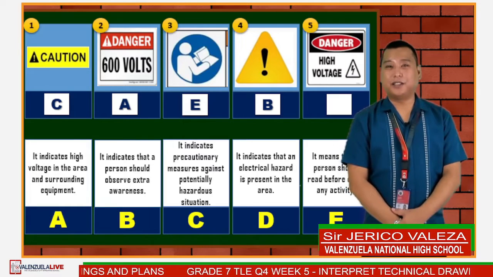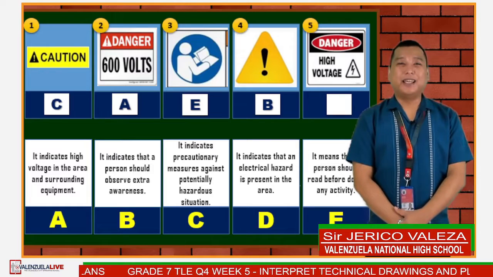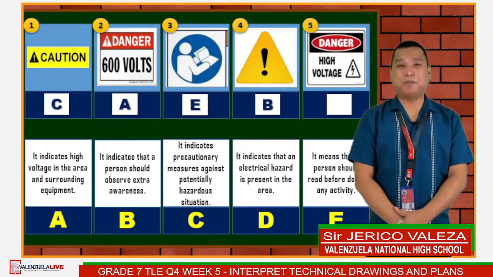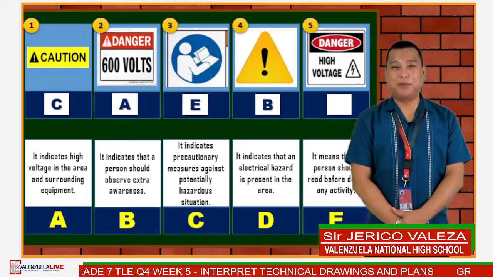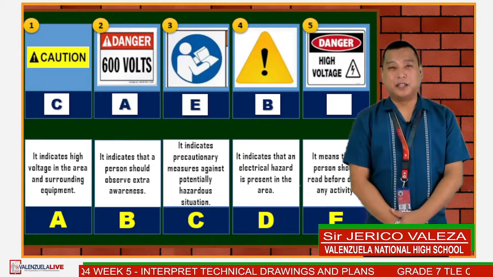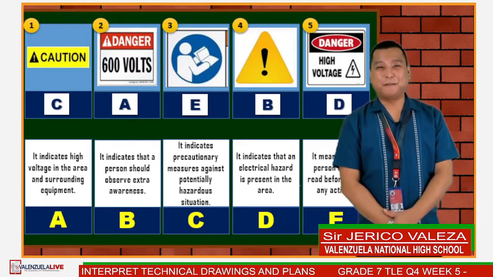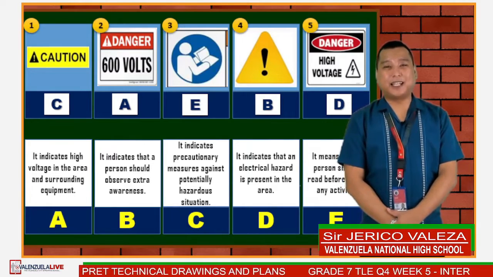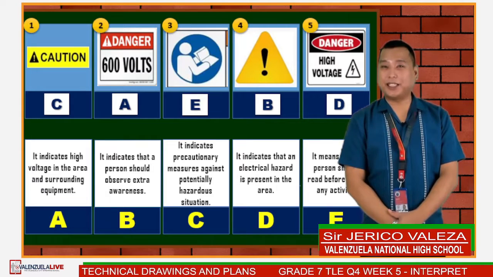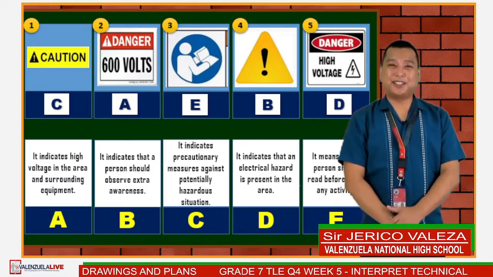Number 4, very good. Letter B indicates that a person should observe extra awareness. Number 5, yes, letter D indicates that electrical hazard is present in the area. Good job, learners!